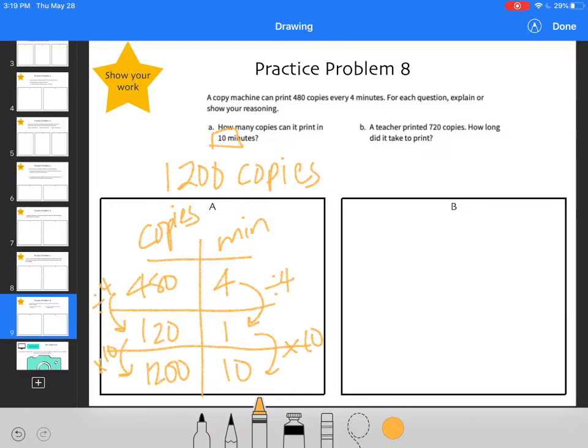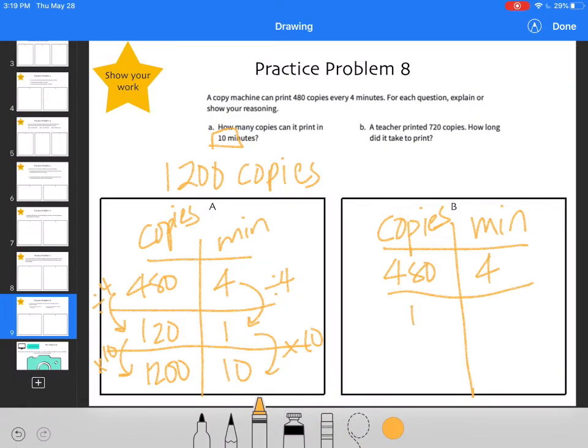So then the teacher printed 720 copies. How long did it take to print? So I have copies and minutes. I want to know how long it takes to make 1 copy. So I'm going to divide by 480.